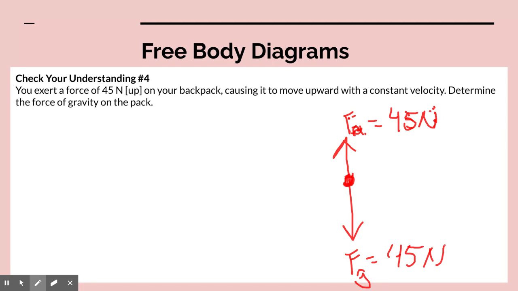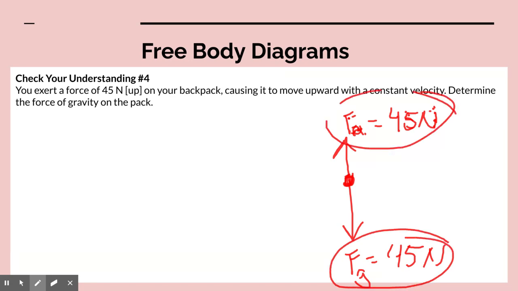Now, if it were like that, as if it accelerated past the acceleration due to gravity, then you'd be talking about having a lesser gravitational force than an applied force. But again, because it says here at a constant velocity, okay, it's moving upwards at a constant velocity, there's no acceleration in the upwards direction.